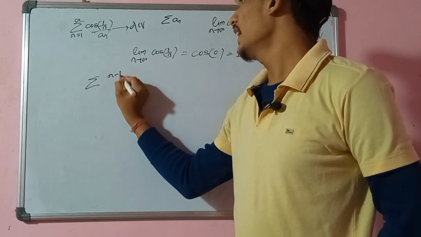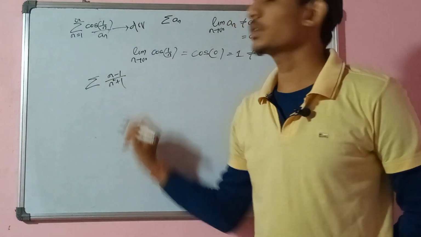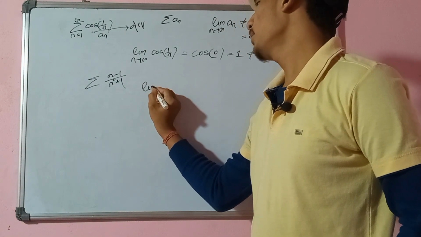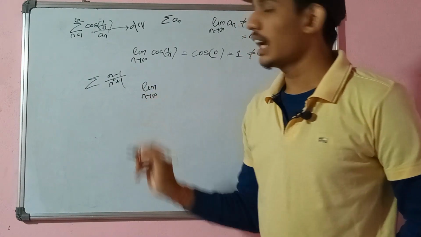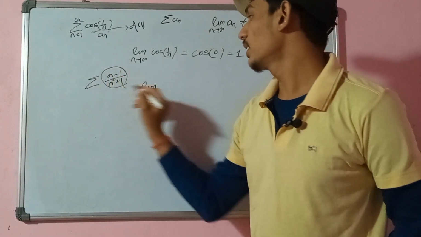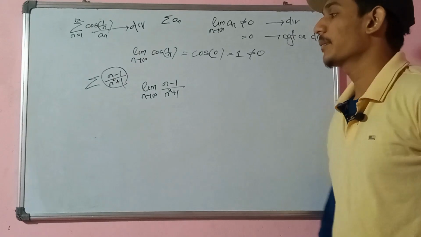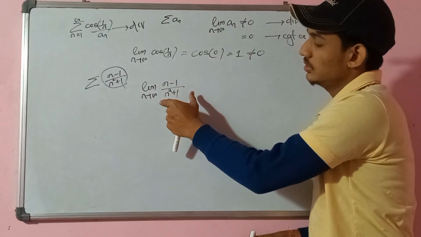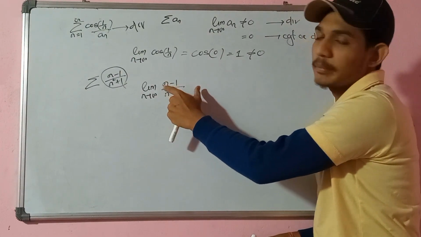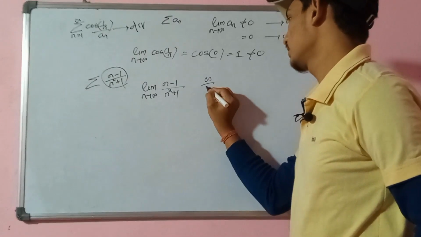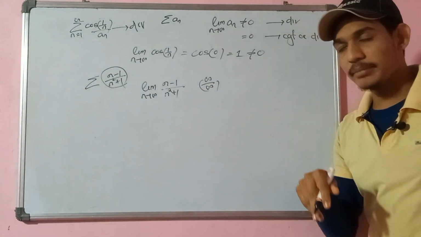Suppose my series is (n minus 1) by (n square plus 1). So just take limit n tends to infinity, and here my aₙ is this one: limit n tends to infinity of (n minus 1) divided by (n square plus 1). If you put infinity in place of n, you will get infinity by infinity form.